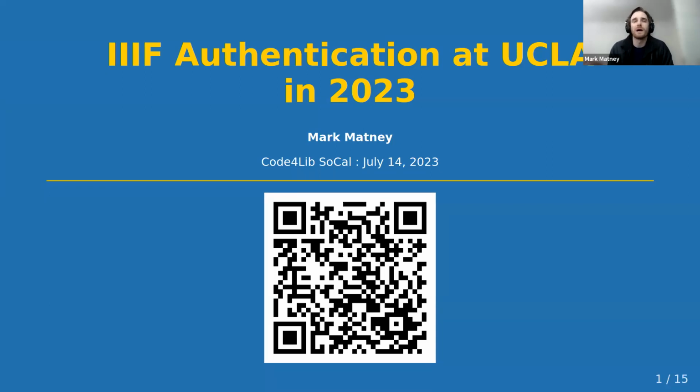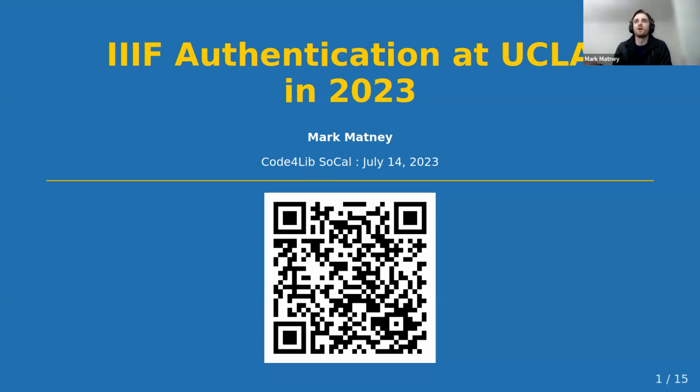So for the roadmap, the QR code is the URL to the slides. It's on GitHub Pages, so if anyone wants to grab that, I'll have it on the last slide as well. The roadmap for the presentation: I'll review some concepts and then outline the library's motivation for implementing IIIF authentication.